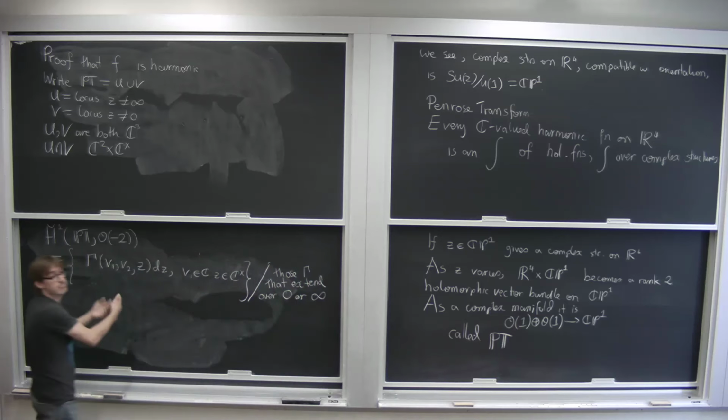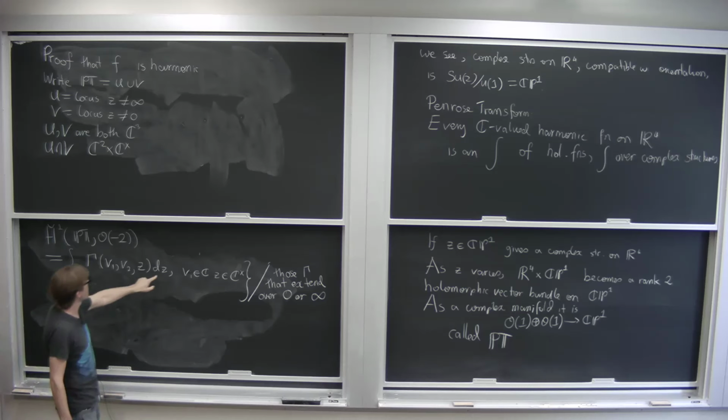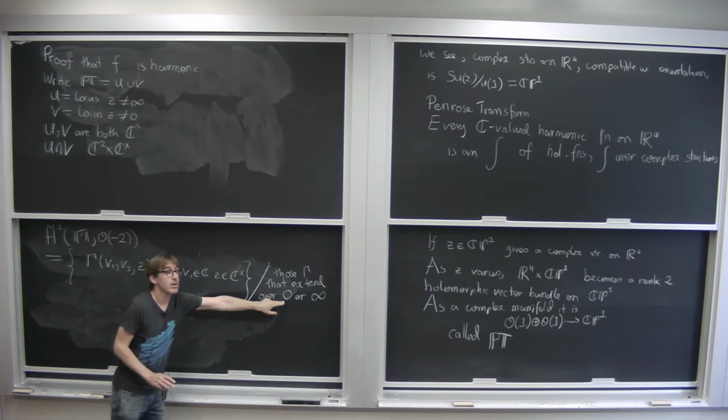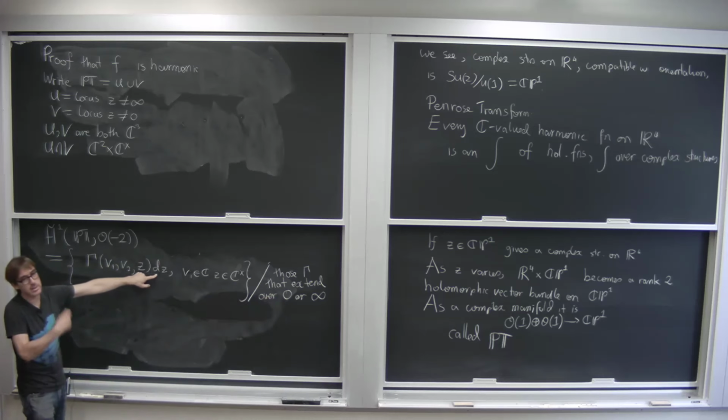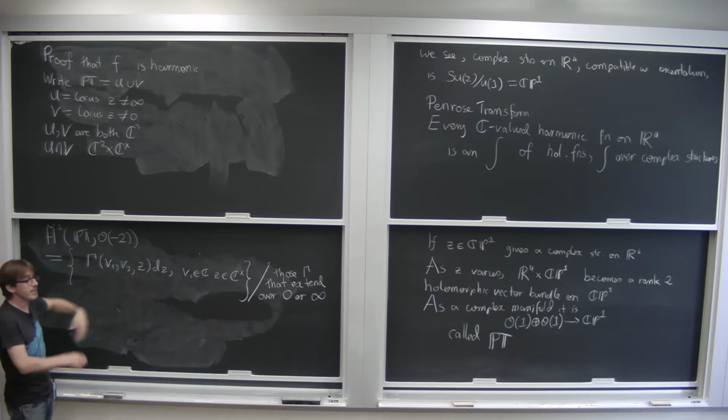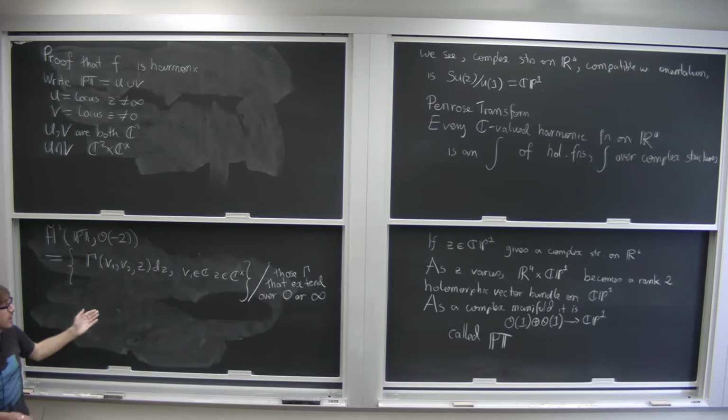So this is just writing down the meaning of check H1. It's important that the dz appears here because when we say extends over infinity, we have to take into account that dz has a second order pole at infinity. And these coordinates v have some transformation properties at infinity as well, which we're not going to worry about too much.